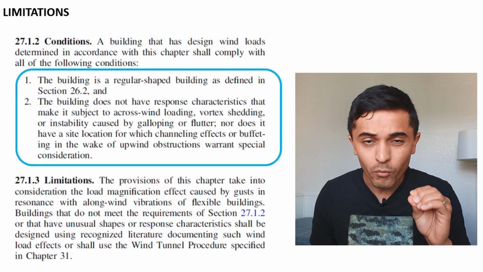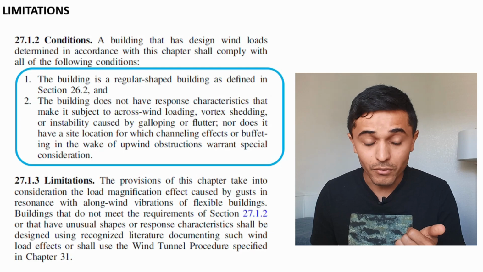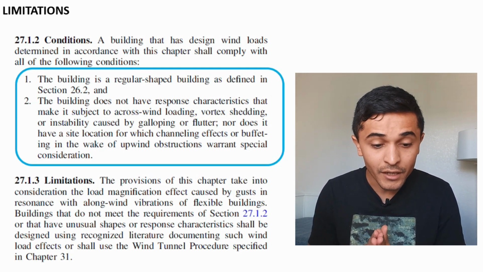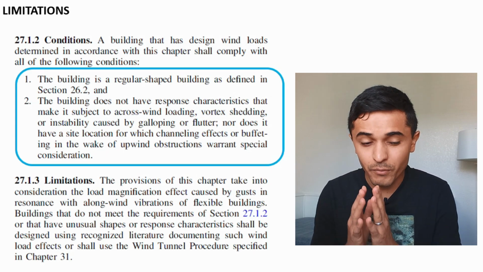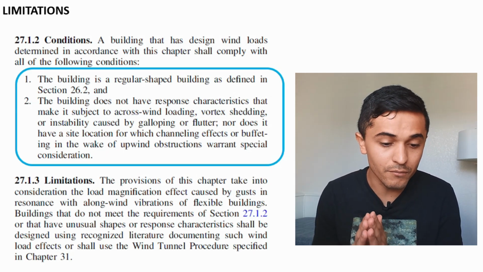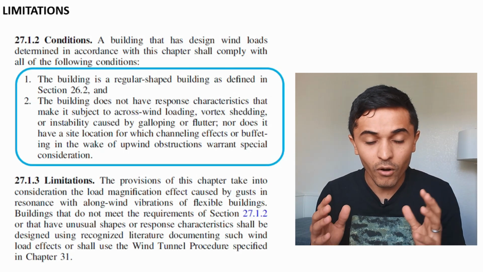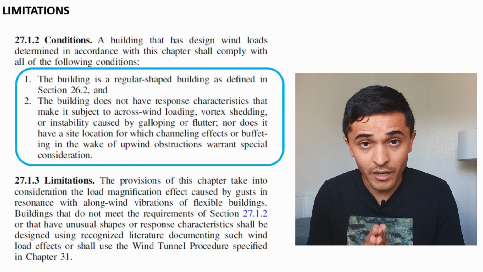The main ones that I want to point out is the building needs to be regular shaped as defined in section 26.2, and it cannot have response characteristics that make it subjected to a crosswind loading, vortex shedding, and all these other items that are mentioned here.